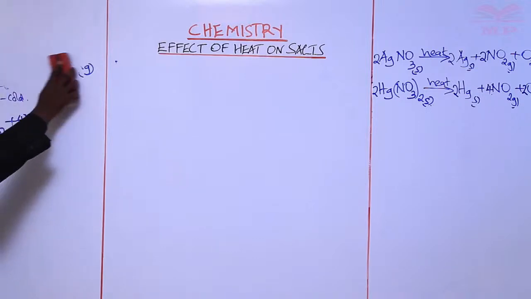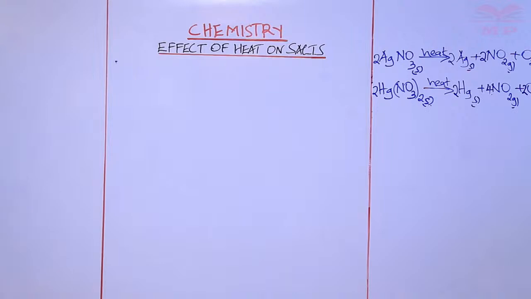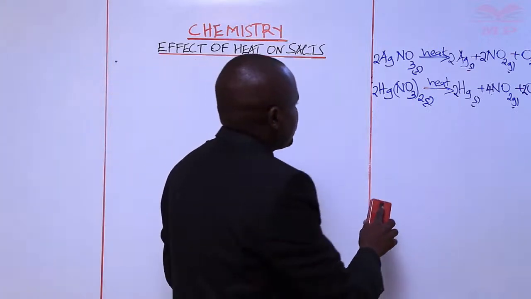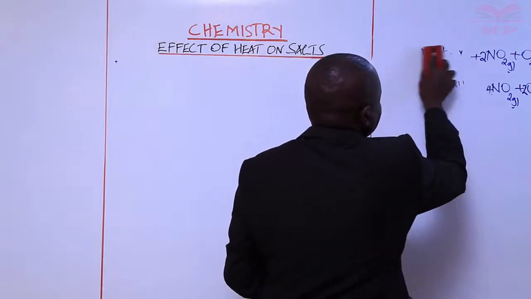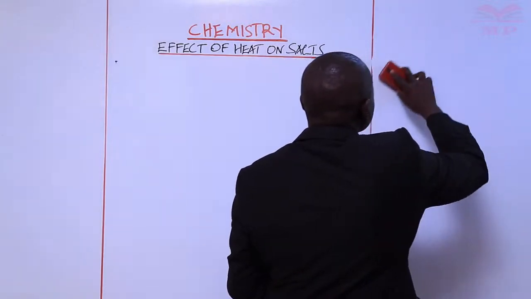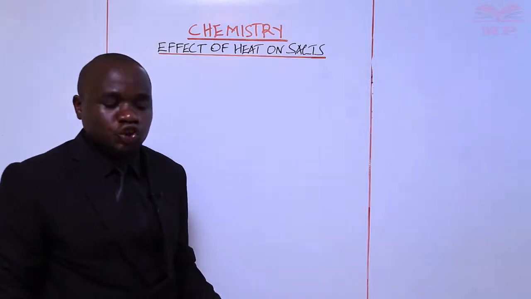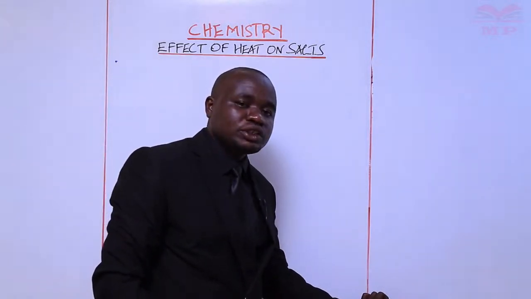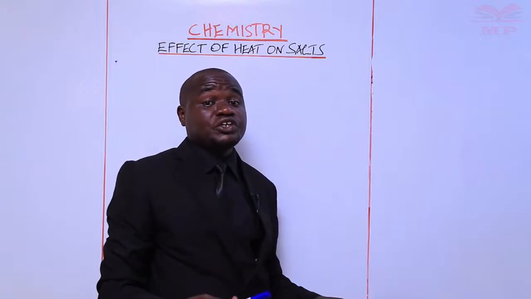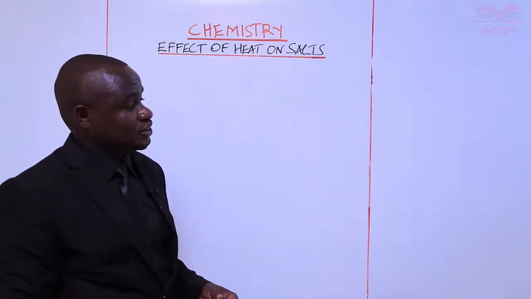But from the discussion we have just had here, we have seen that the products of heating nitrates depend on the position of the nitrate, the element forming the nitrate, in the reactivity series.